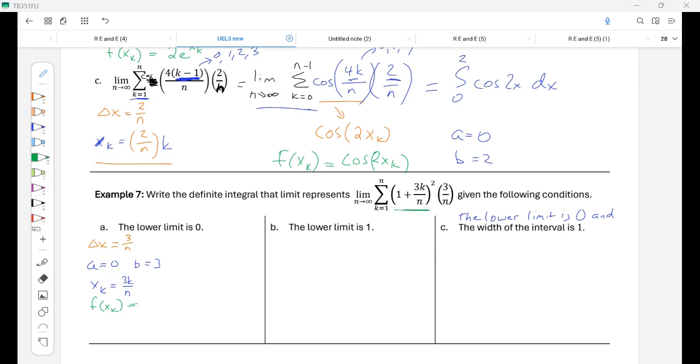Yes, 1 plus x, the quantity squared. So 1 plus x sub k, the quantity squared. That's enough to write our integral. So this represents the integral from 0 to 3 of 1 plus x, quantity squared, dx.